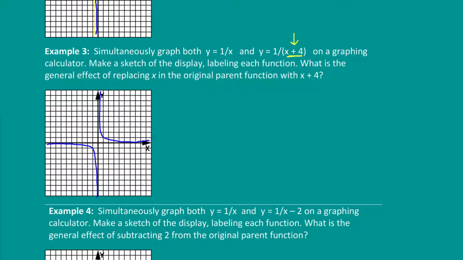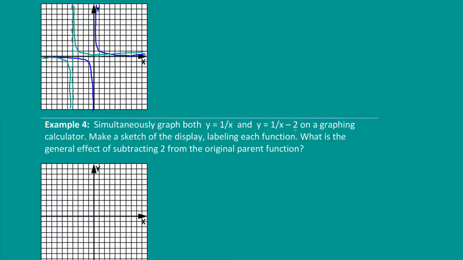Now our asymptote has been shifted to the left 4. So instead of being at x equals 0, it should be at x equals -4. We're still going to have this horizontal asymptote, so it'll look something like that. The graph will continue that way, and it'll look like that. So it just shifted to the left 4.